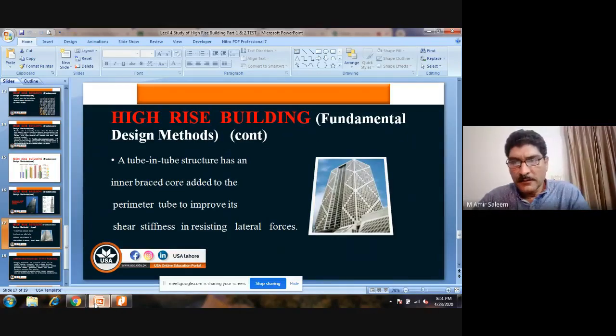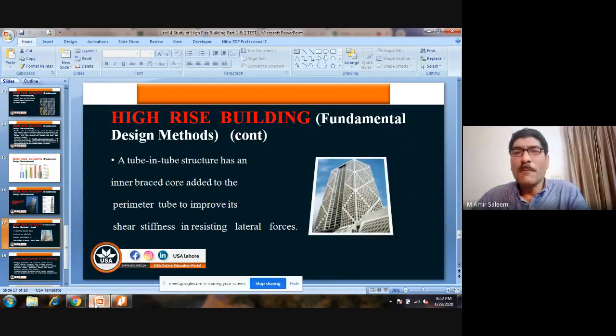When we move ahead, this is the most interesting, and I think a really safe way for an architect to design: a tube in a tube structure. When we design a tube within a tube, both tubes are tied up with brace beams, a bracing system, and this system improves its shear stiffness and resists the lateral forces.